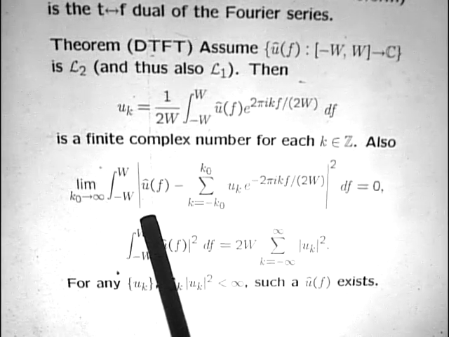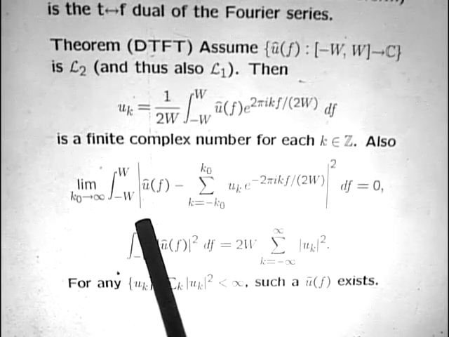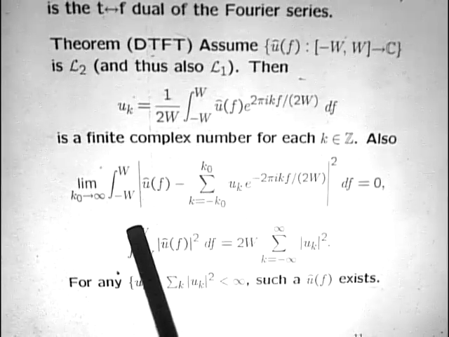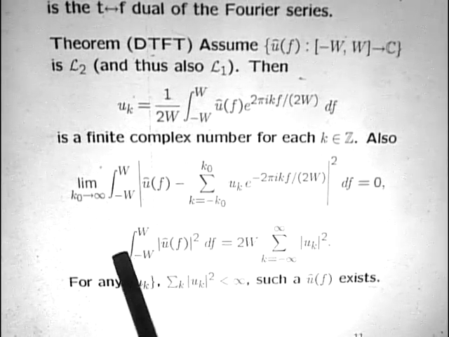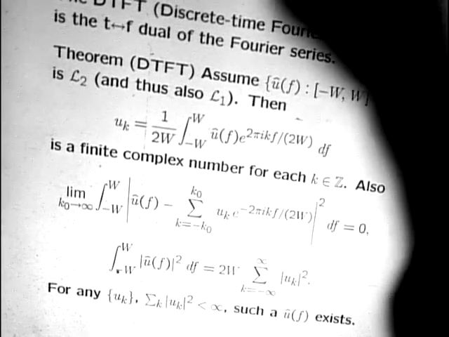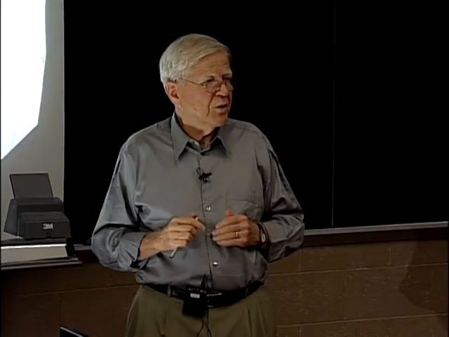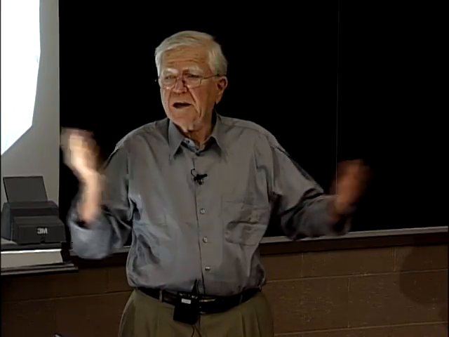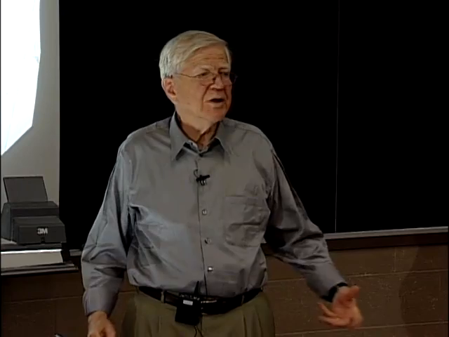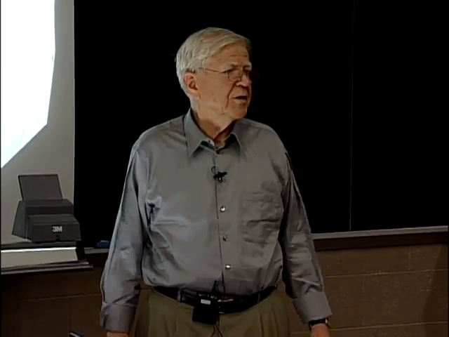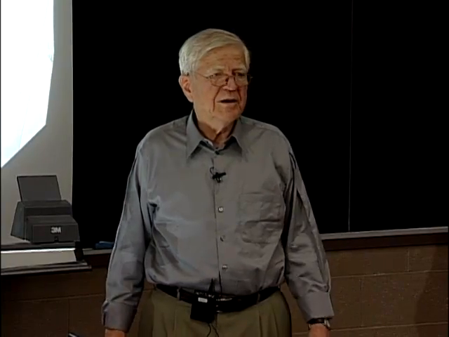Okay, so this is exactly what you should mean by a Fourier series anyway. It's exactly what you should mean by a Fourier transform anyway. As you go to the limit with more and more terms, you get something which is equal to what you started with, except on this set of measure 0. Okay, in other words, it converges everywhere where it matters. It converges to something in the sense that the energy is the same.